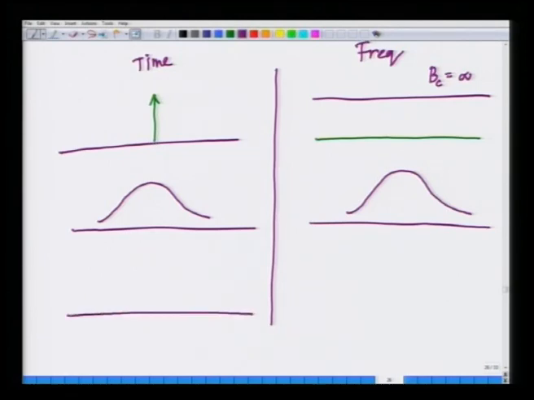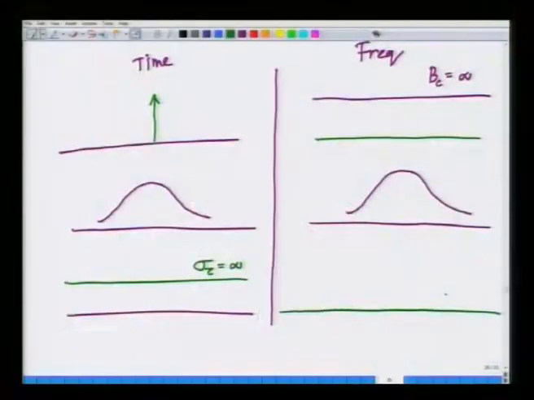In the limit, when the time is flat, that is when the time spread is infinity, when I have sigma tau equals infinity, that is it has an infinite spread in time. In frequency it is simply an impulse, which means B c equals 0.